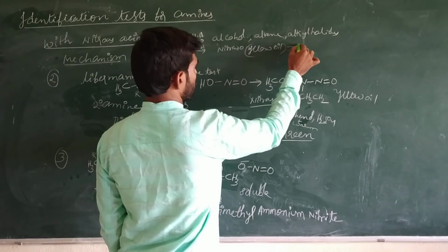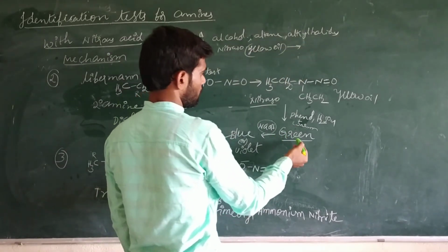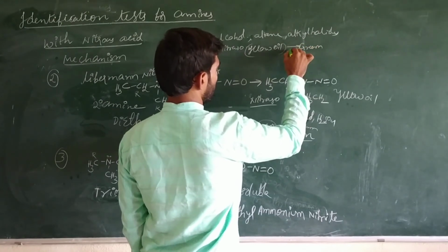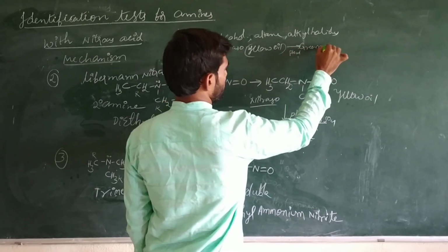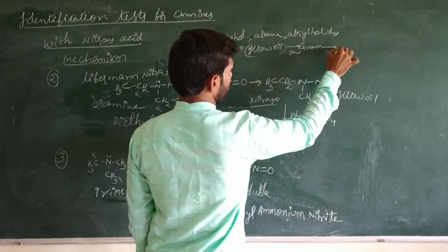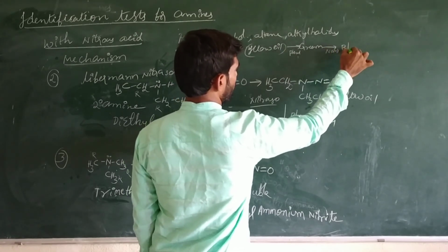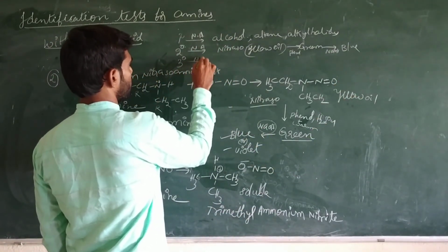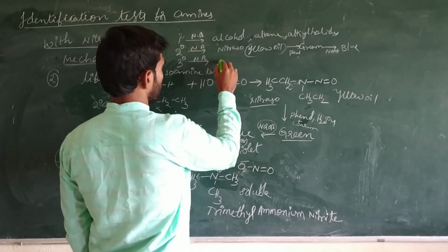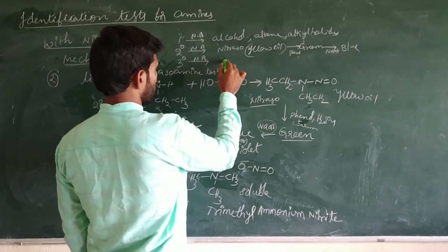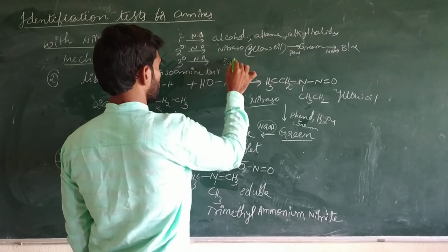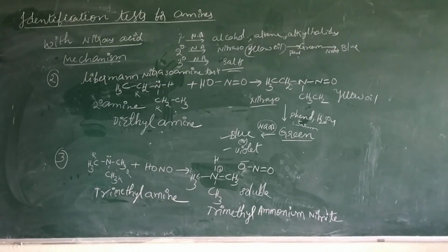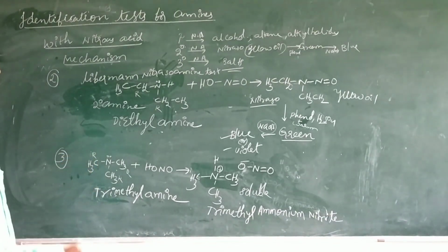It is further reacted with phenol and H2SO4, converting to green color, and further with sodium hydroxide, forming blue or violet color. And tertiary amines, when reacted with nitrous acid, form ammonium salts. So this is the mechanism of identification of amines by using nitrous acid.